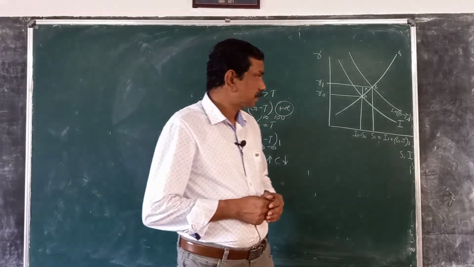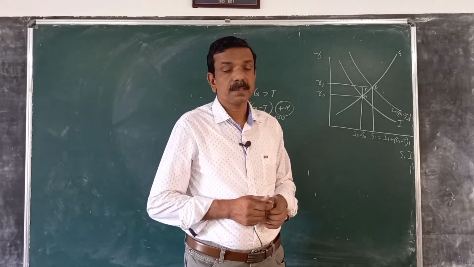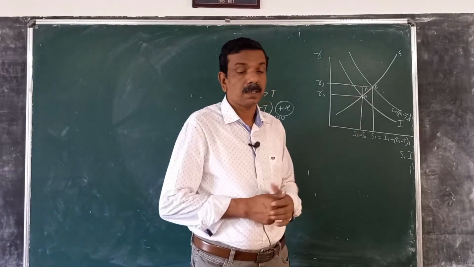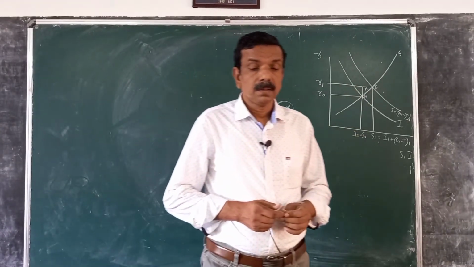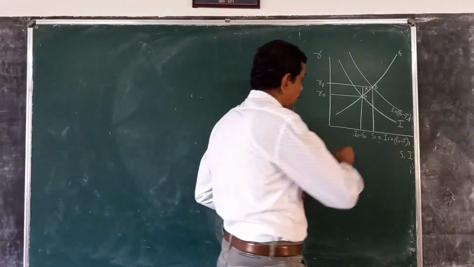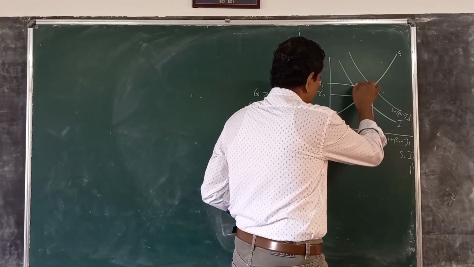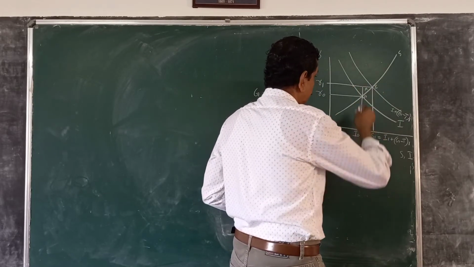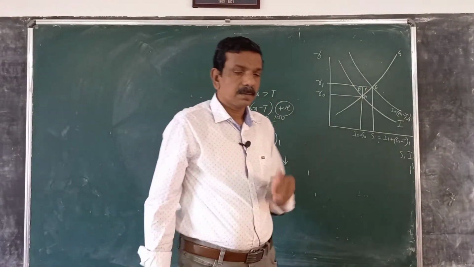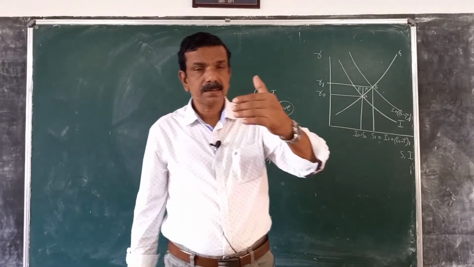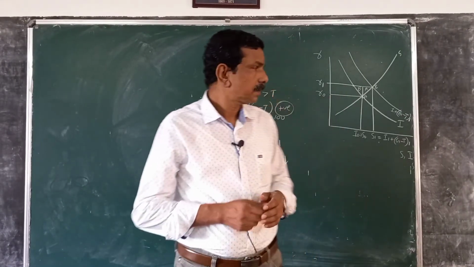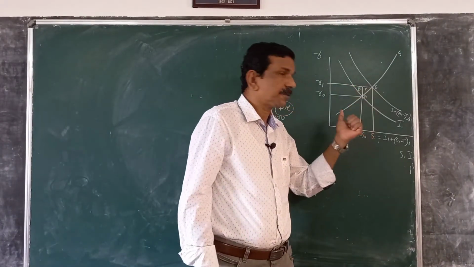A second effect is that the quantity of investment decreases with the increase in R. And at R1, the new investment is I1, and this is shown by the distance B. Remember this, there is an increase in savings or a decrease in consumption, and there is a decrease in investment.